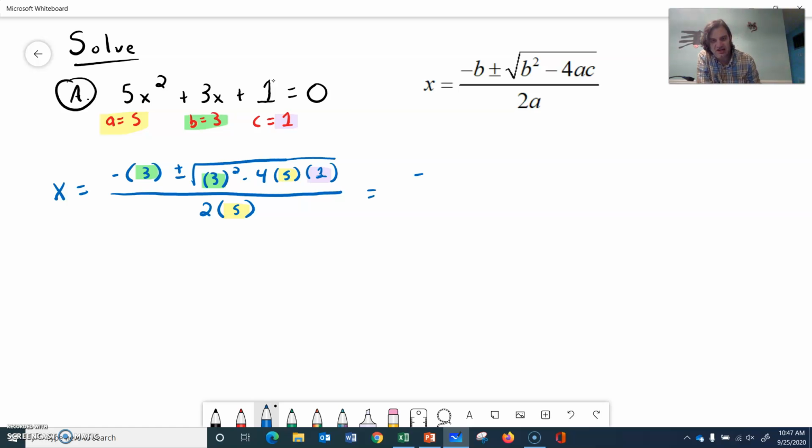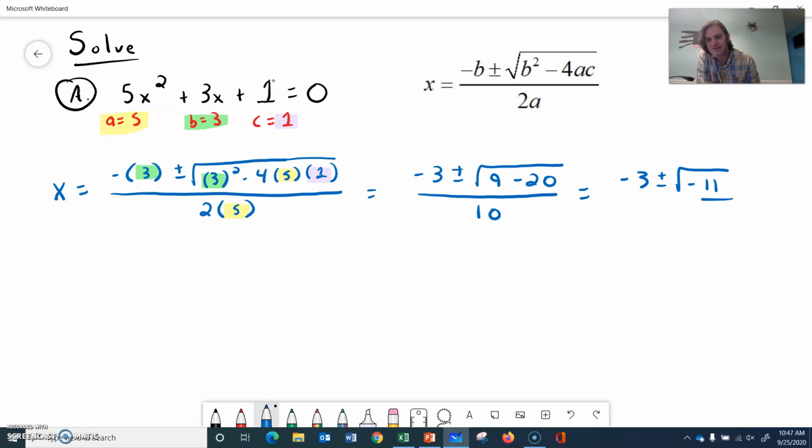We'll have negative 3 plus or minus the square root of 9 minus 20 all over 10. And this gives us negative 3 plus or minus the square root of negative 11 over 10.